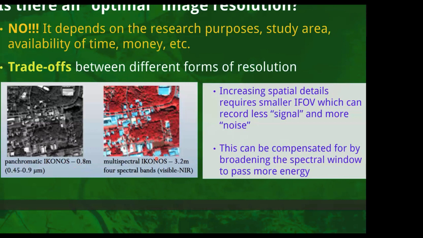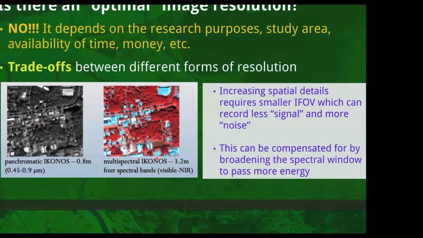Because for high spatial resolution data, you have to use a smaller angle to record a smaller element on the ground. But a smaller angle means you will record less signal and more noise. So there's not enough signal for the image to form good quality.